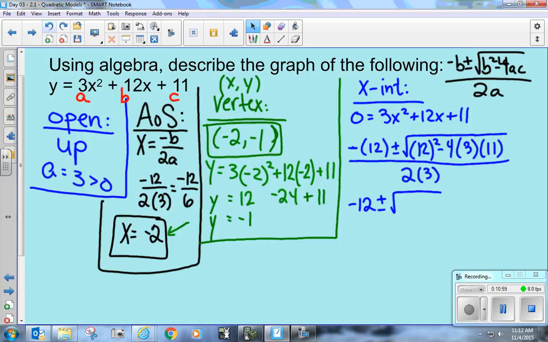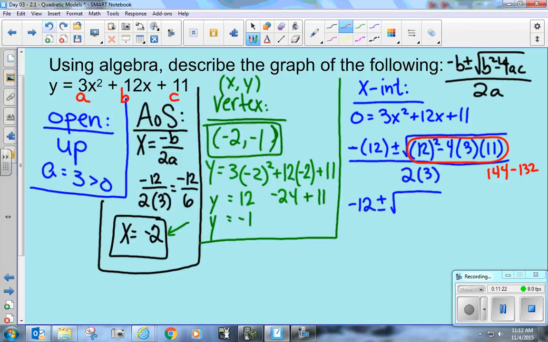Now, someone do me a favor. Without the radical, just this stuff right here, if you put that in your calculator, what do you get? You're going to get 144, then 12 squared, minus 132. Isn't it? It's 12 times 11, isn't it 132?